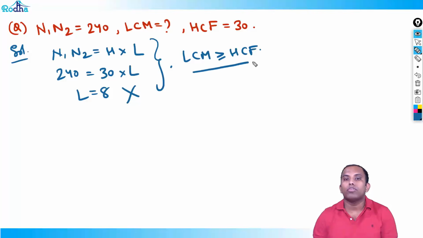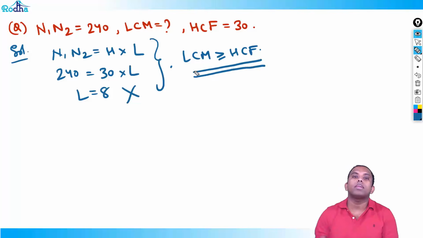We proved this in the first key point of the last slide. LCM contains the word multiple, and a multiple is always greater than or equal to the number. HCF contains the word factor, and a factor is always equal to or less than the number. That's why LCM is always greater than or equal to HCF.